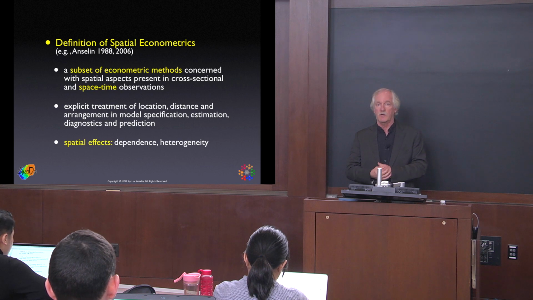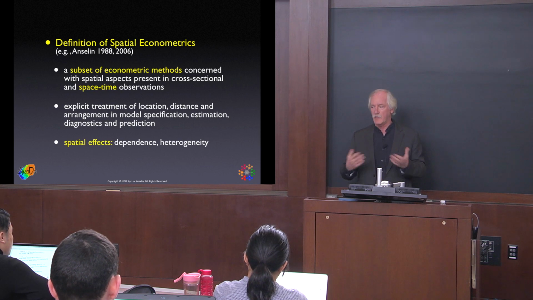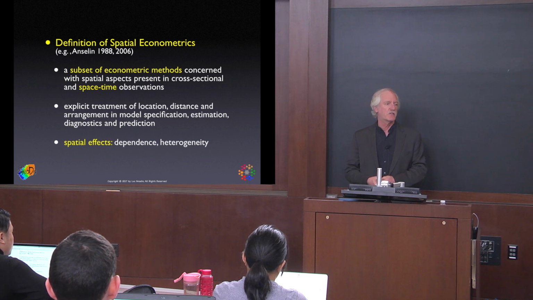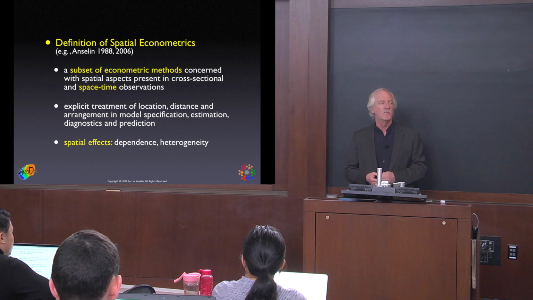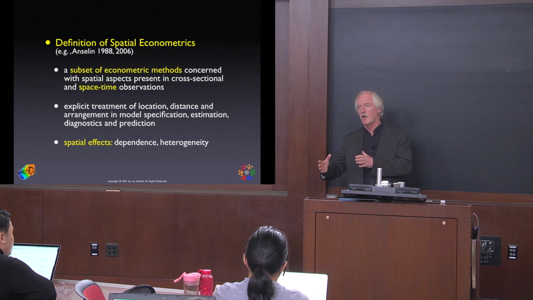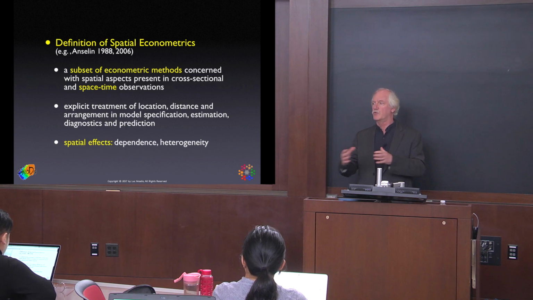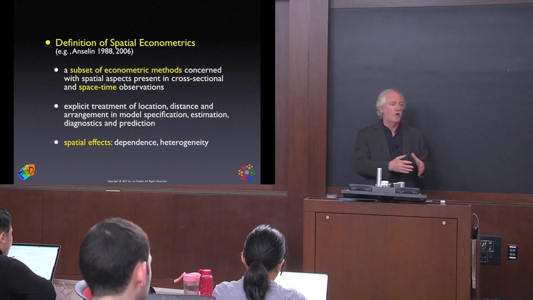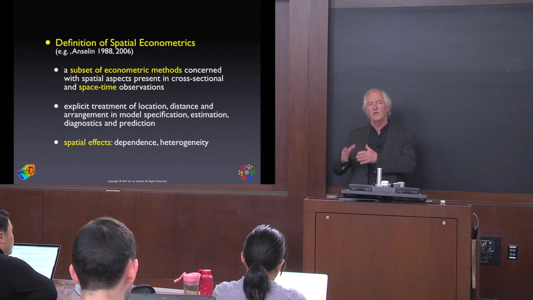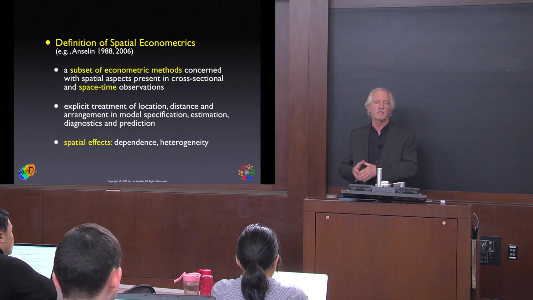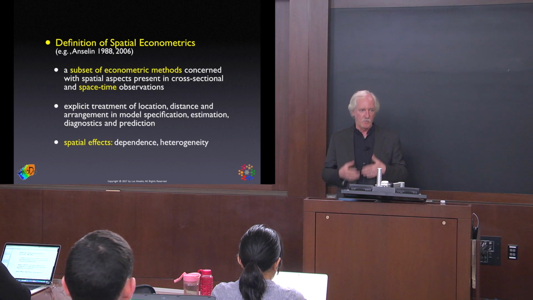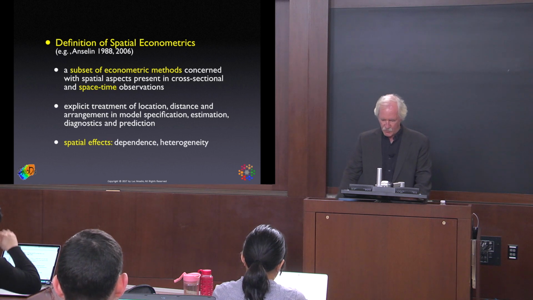I use this term because that's where I come from. I was trained as an econometrician, but now I call it spatial regression analysis because as these fields evolve, there's some tension between sticking with the theory and then you would call it econometrics, or going to the data and then you would call it more regression analysis or predictive analytics or whatever the current term in vogue is.